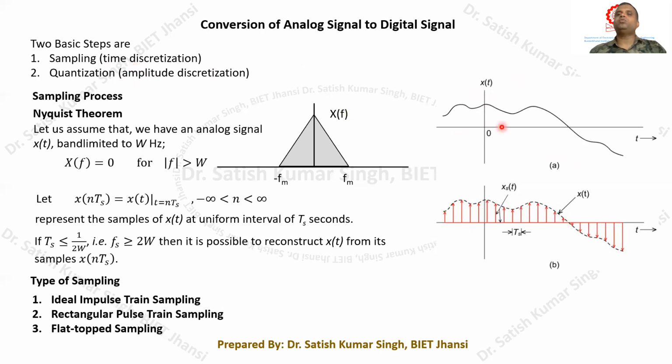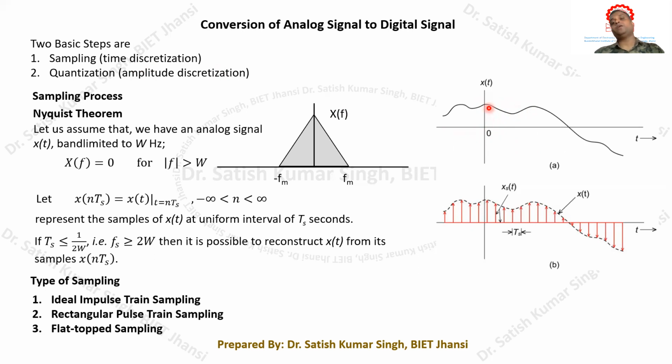Basically, we have to take the value of this x(t), whatever it is assuming over continuous time, and discretize the time axis. So we will be taking samples of this particular x(t) at a regular interval of time.